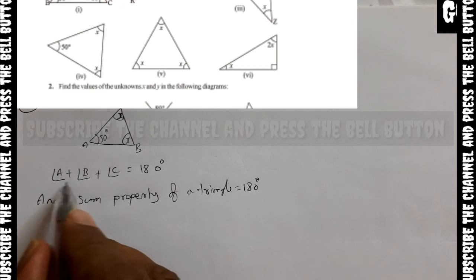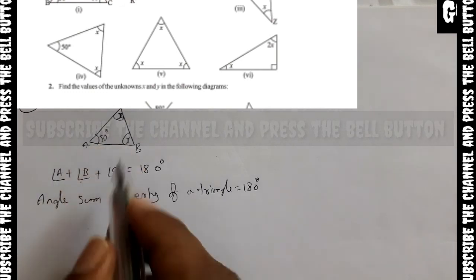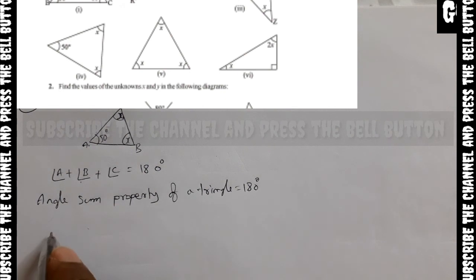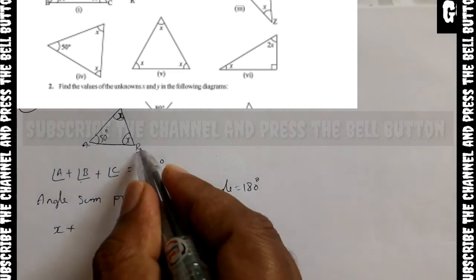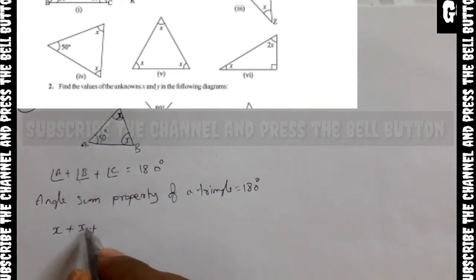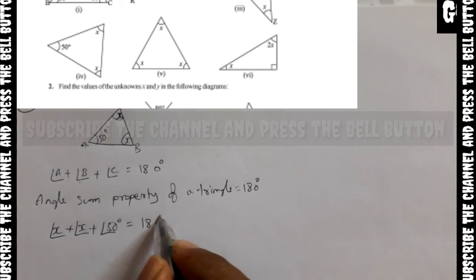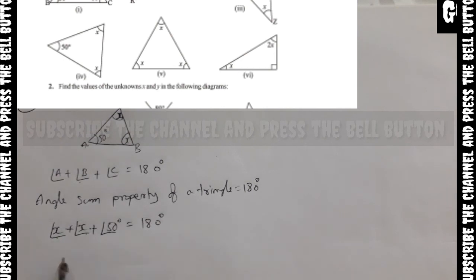Here only one angle is given and two angles we are finding. We write angle B as x, angle C as x, and angle A is 50 degrees, equal to 180 degrees. x plus x, 2x plus 50 degrees is equal to 180 degrees.